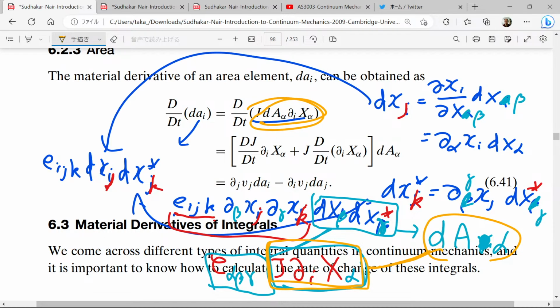Yeah. So then we take derivative. This is the derivative of product. So then the constant term we put aside, outside. So we take derivative of j, and the remaining thing is partial i x alpha, plus we have j d/dt partial i x alpha.